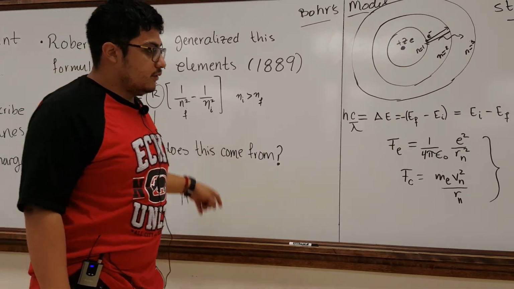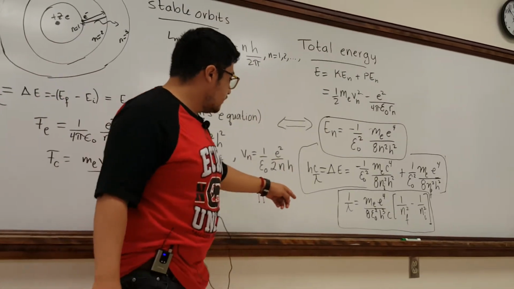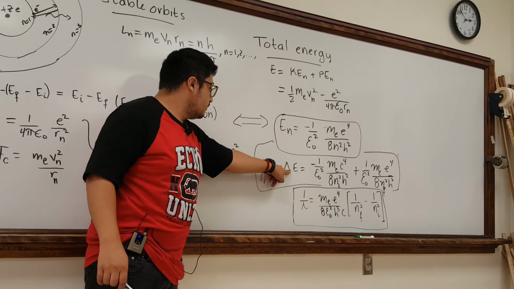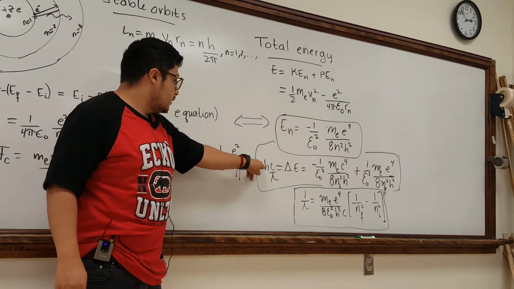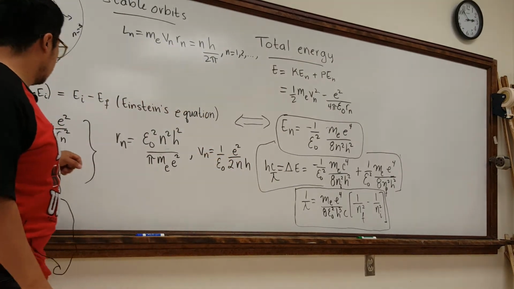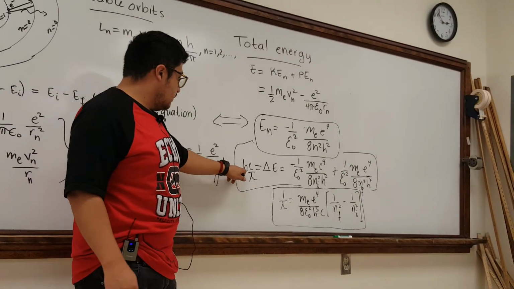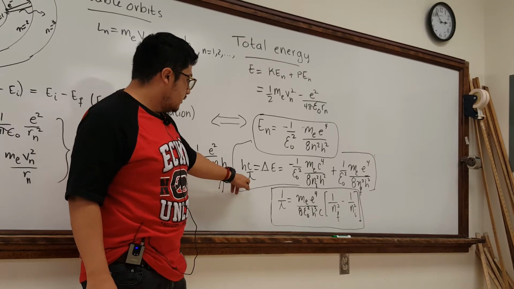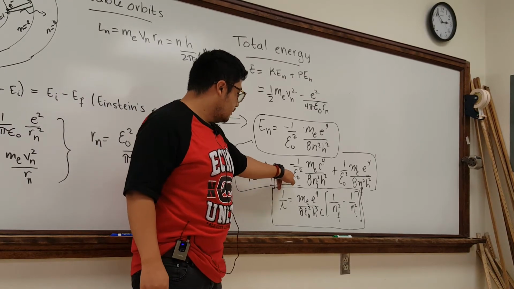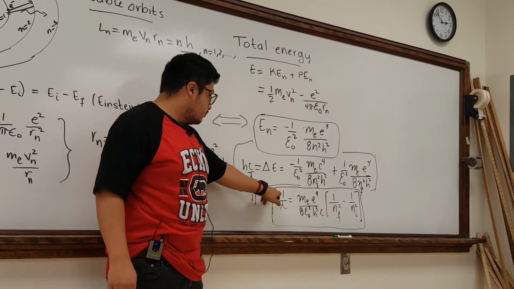All we have left to do is, we know that this is the difference in energy from the transition. Now we recall that the wavelength is equivalent to the energy difference, so hc over the wavelength lambda is equivalent to this expression. Then we simply solve for 1 over lambda.